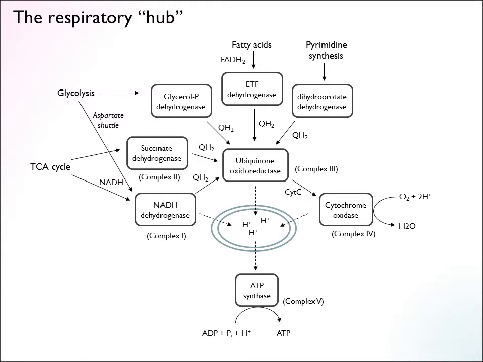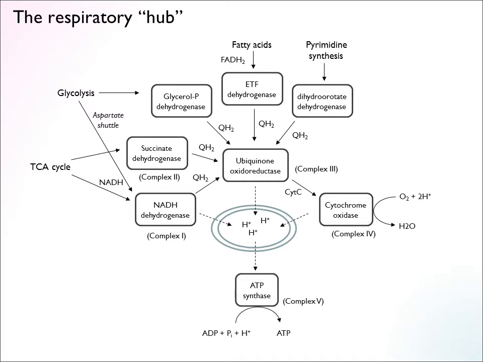Fatty acids is probably one of the most quantitatively important of these other processes. So the fatty acid oxidation works via FAD, and this works through another redox enzyme called the ETF dehydrogenase, and this goes in this way. A couple of these other processes are probably minor. There's a dehydrogenase for glycerol.